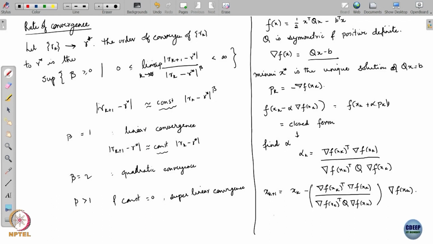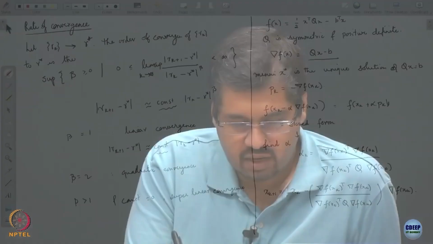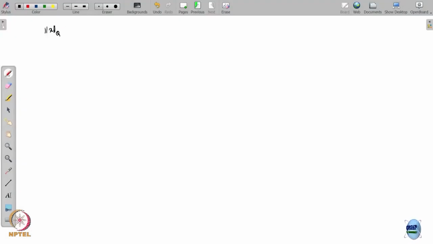Using this, we can also compute how the distance between x_{k+1} and x star, or the difference between f of x and f of x star, behaves. First, let us define the Q norm of x as the square root of x transpose Q x.